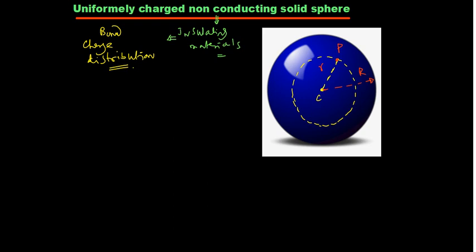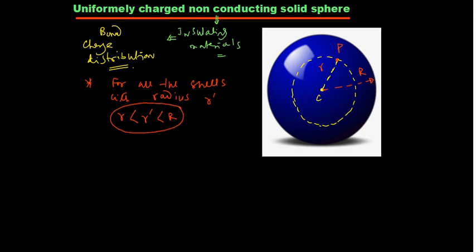So I'm writing one line clearly that for all the shells with a radius R prime, where R prime is less than capital R and greater than small r, in this zone, in this limit, whatever shell we take, point P will be an inside point.